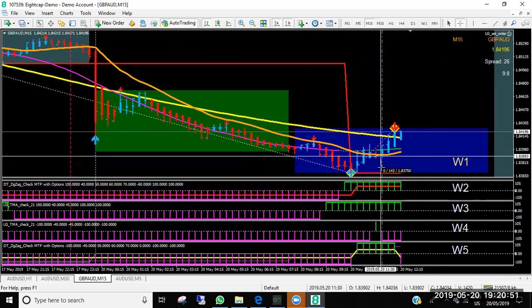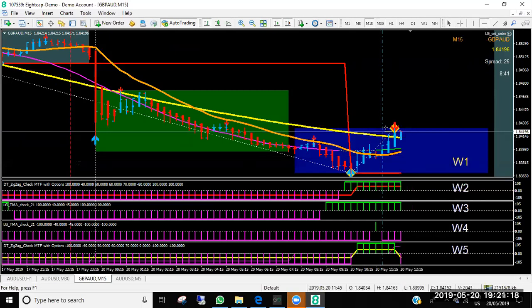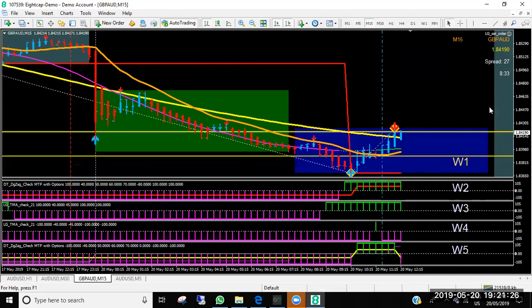Okay, so 15 minutes of 30 pip top level. We can see the channel is 21, 20. So that means by default, which is greater than that, our trade one management line would be 30 pips. Okay, so it's just below the top.